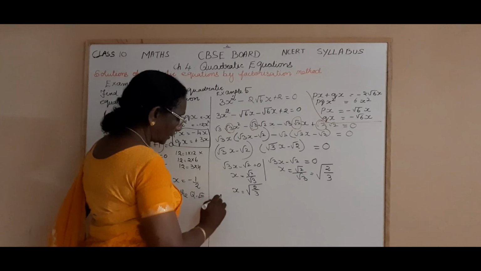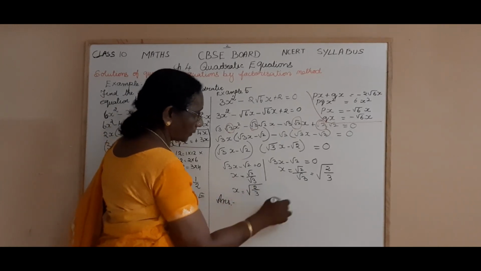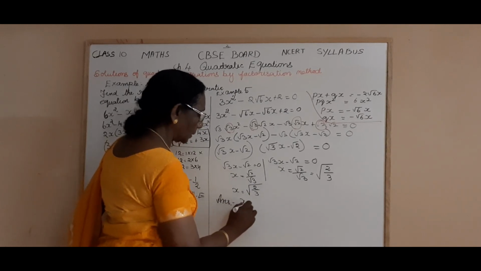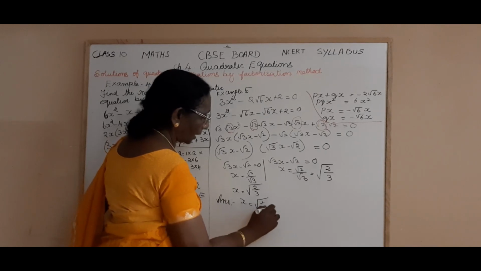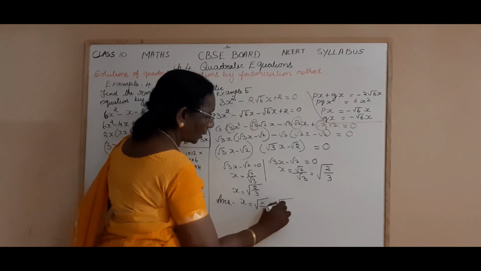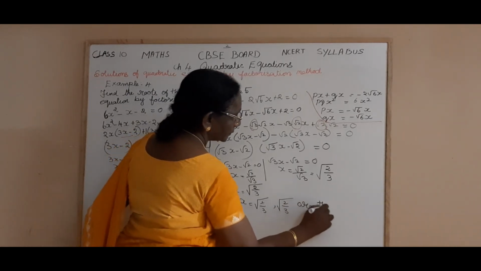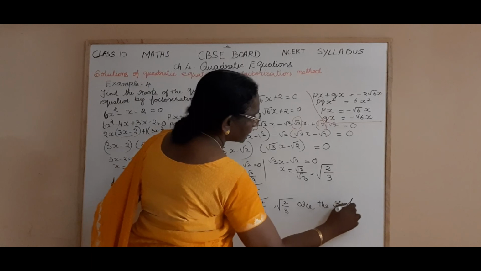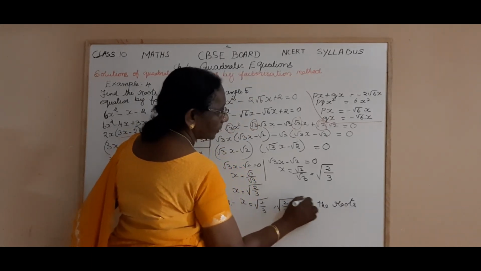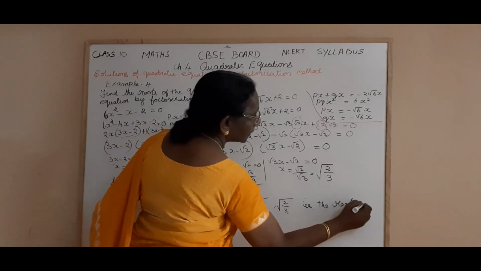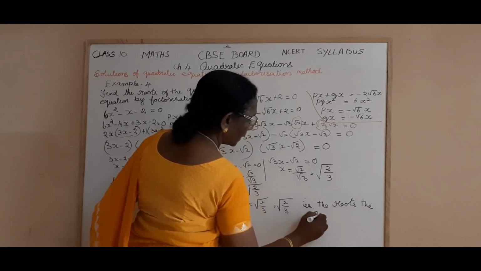So now the answer. The roots of the quadratic equation are x is equal to root 2 by 3, root 2 by 3. Because it is the same number, you can also write it as the two same roots of the quadratic equation.